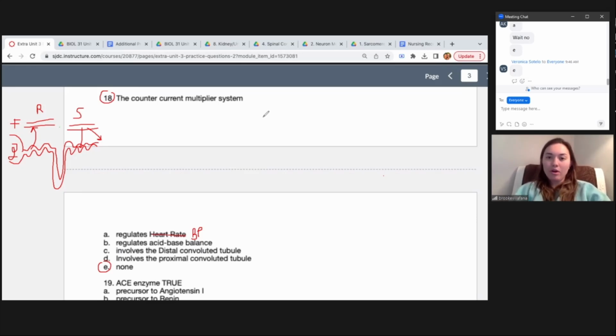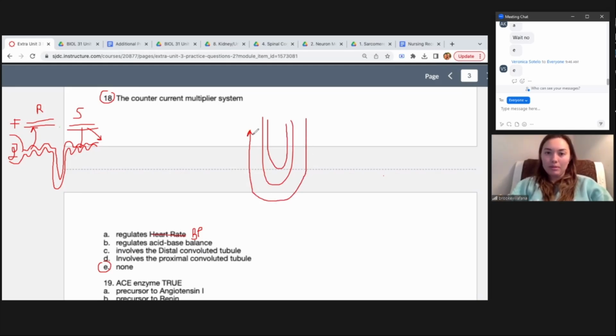It would be regulating water-salt balance. Remember that we have our loop of Henle, and then the blood flows the opposite direction. So salt comes into the blood first. I'm going to put an S. And then water is going to follow. I'll put a water. So the descending limb of the loop of Henle and the ascending limb of the loop of Henle.